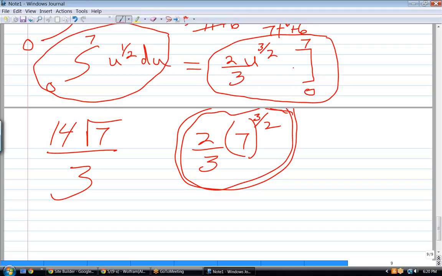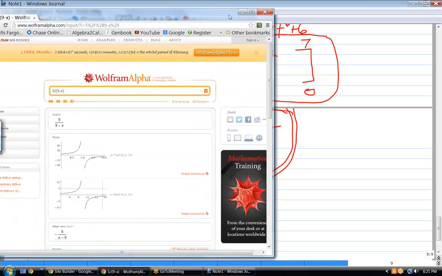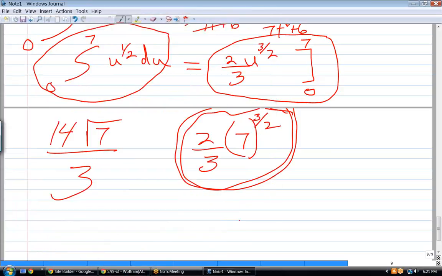Notice that I do have to subtract out 0, but when I substitute 0 for u, I get 0, so I don't have to concern myself with the back end of that. Yeah, it's the same number.